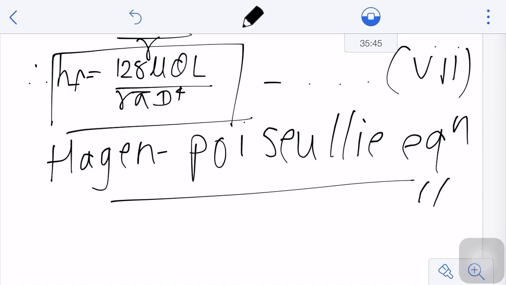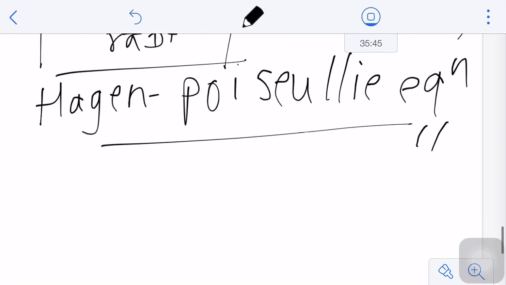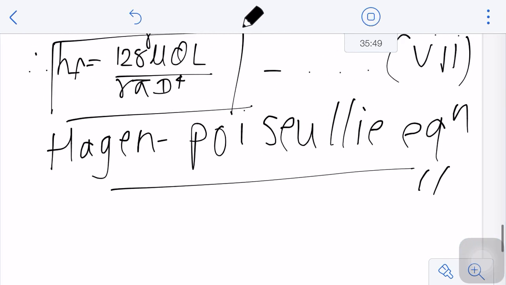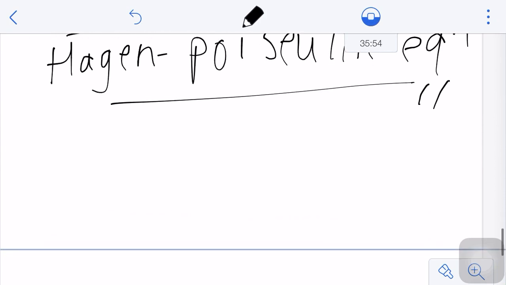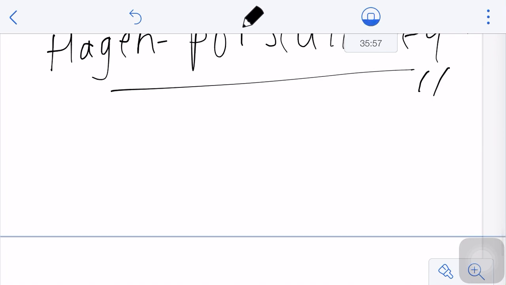If you remember, in the case of pipe flow, this same HF, the loss of head due to frictional resistance in the pipe, is given by the Darcy-Weisbach formula, which is similar to this equation. So we can try to find the relation between these two equations as well. How can we do it?